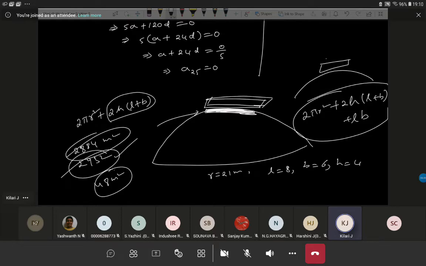Then we'll get more than 2932. If it is covered, then we have to take 2h into (L plus B). In these two formulae, we are not getting 2932, which means something they missed.